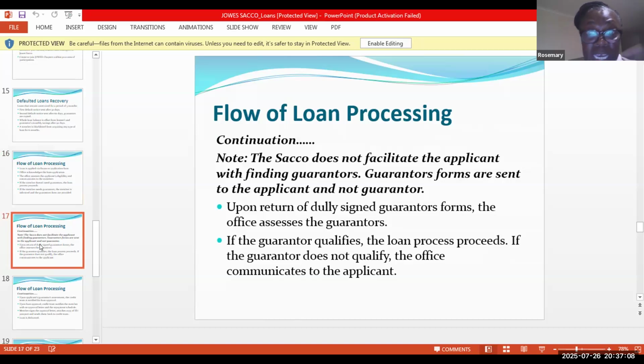While they are sending you the guarantor forms, they do not find guarantors for you. The guarantors you're supposed to find for yourself. So once the guarantor forms are filled, you return them back. And if guarantors qualify, then they process your loan.